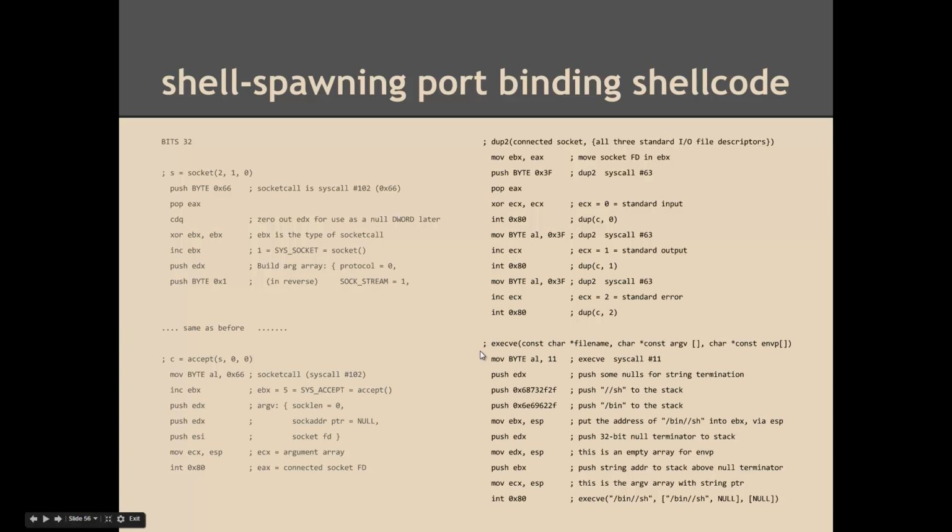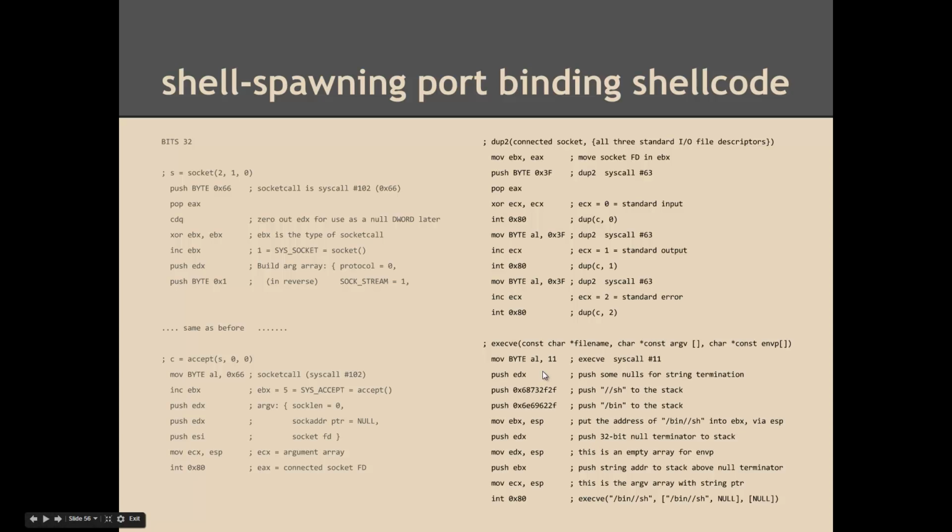So now that you have the standard in, standard out, and standard error file descriptors set up to point to the socket, when you exec any command, such as execve /bin/sh, it's going to spawn that process, but tie that process's standard in, out, and error to the file descriptors that you've set up. It's going to tie it all to the input and output coming in over the socket.